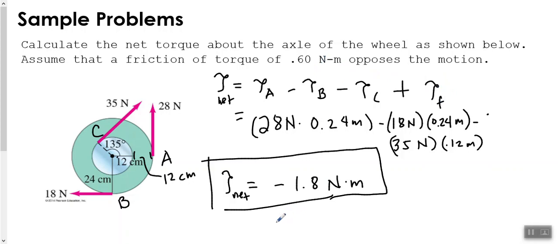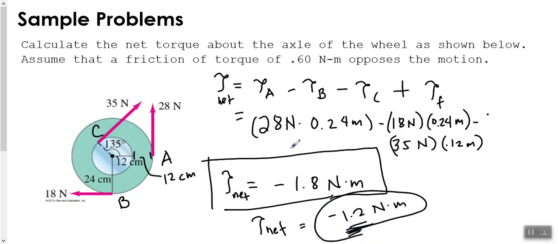Then our actual net torque, this is without friction, this is with friction, becomes negative 1.2 Newton meter. Oh, this is the friction, and then the net would be positive. So it's going to move clockwise, since the friction torque will be opposing the motion moving counterclockwise. So that is going to be the answer.